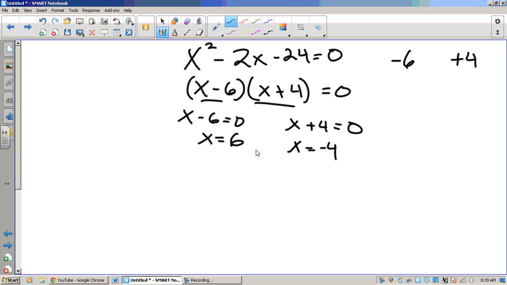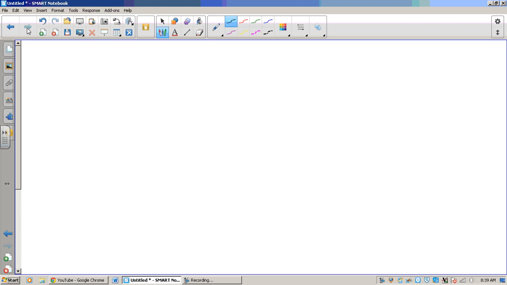So what are you going to need to know if you can solve the equation with the quadratic formula? Yes, Braden, we need to know the quadratic formula. Part of the quadratic formula you kind of already know.